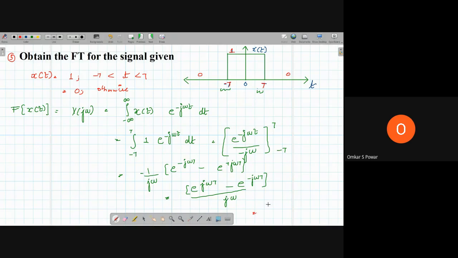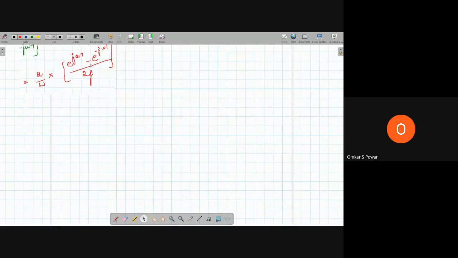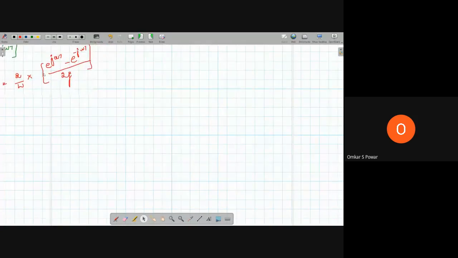I'll multiply by 2 and take omega this side, so that it becomes e power j omega T minus e power minus j omega T divided by 2j. Let me take it to another page so that we can solve there. So what we have got? 2 by omega into e power j omega T minus e power minus j omega T by 2j.